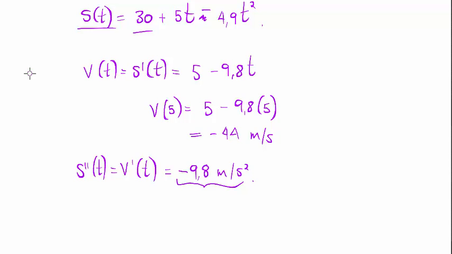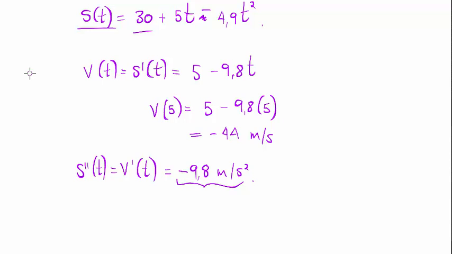I don't care about the negative for now. I want to know, what is acceleration? It's the rate at which what? Velocity is changing. So this is saying my velocity is changing by 9.8 meters per second every second.